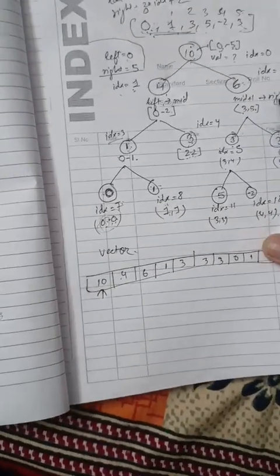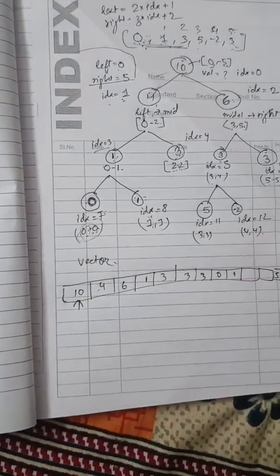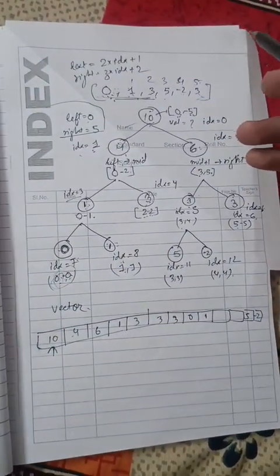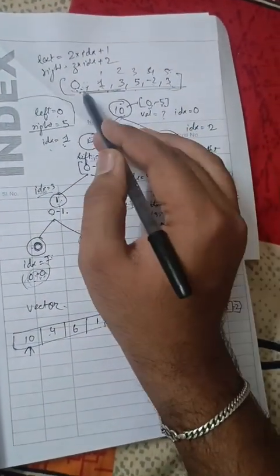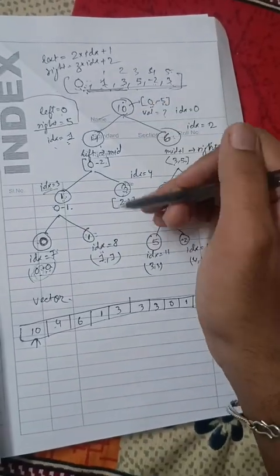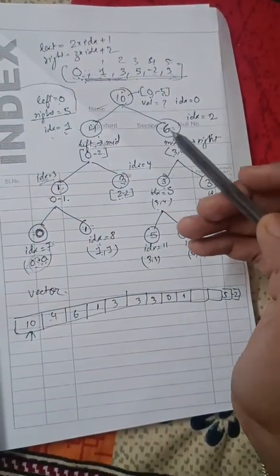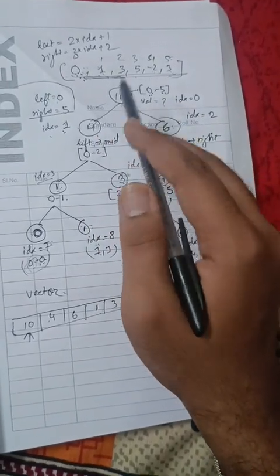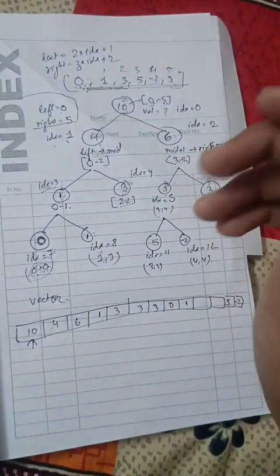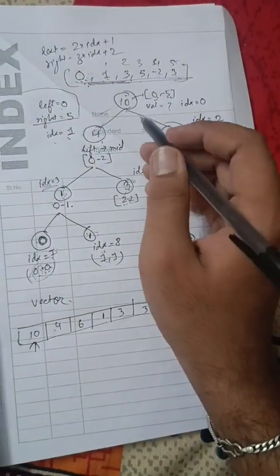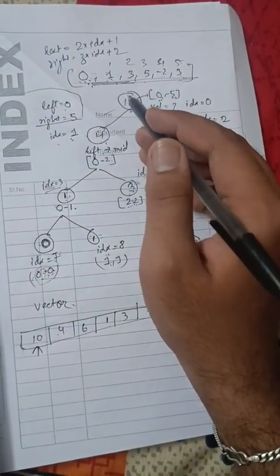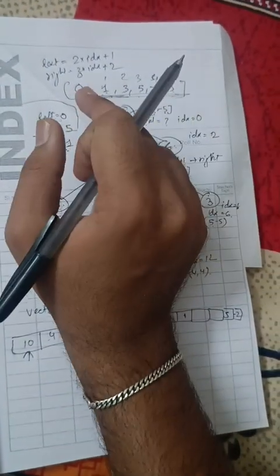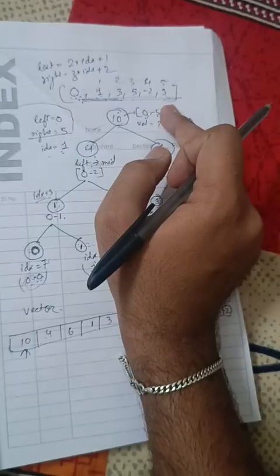But again, for simplicity and better understanding, I am going through the process once more, just summarizing what I have done. This is an array. For building the segment tree, we simply take a root node, not really creating a node, which will represent the whole series from range 0 to array size.